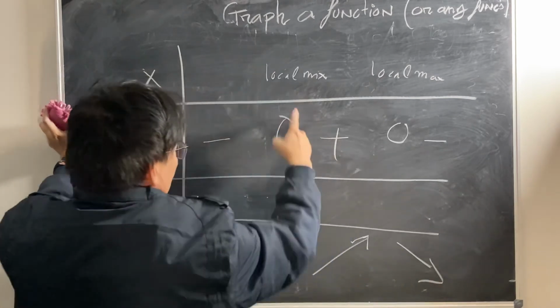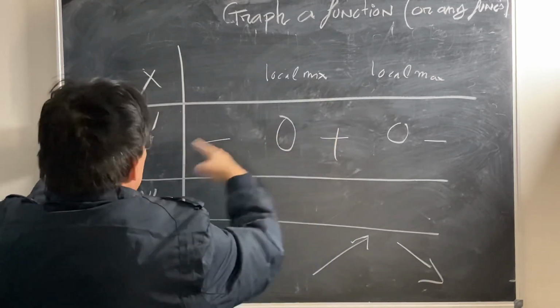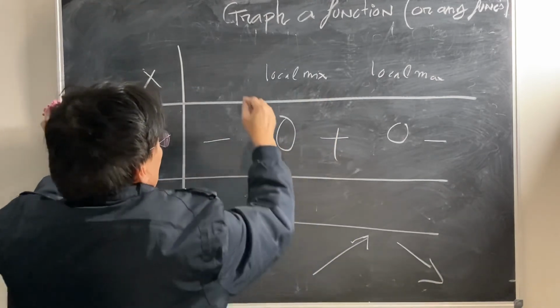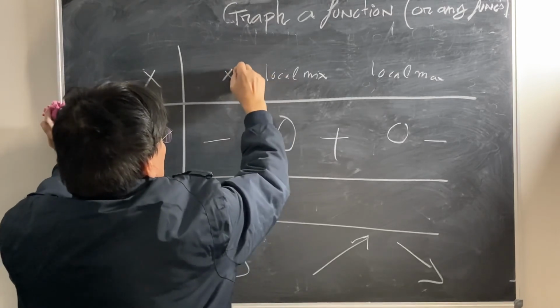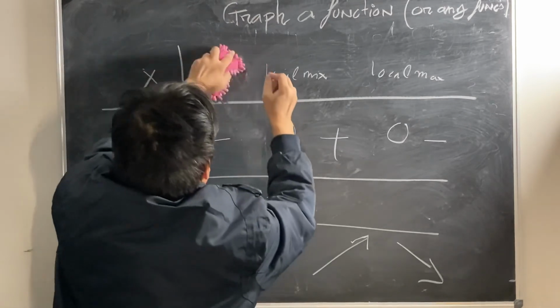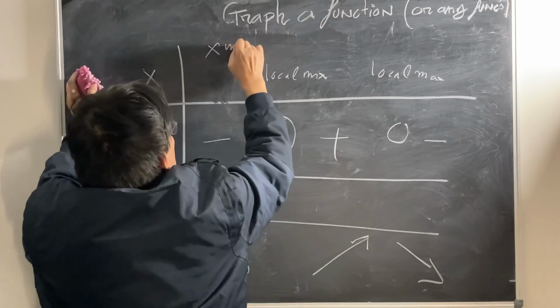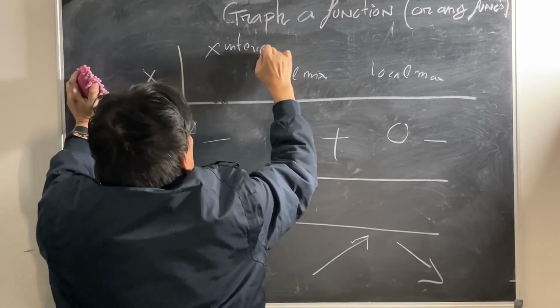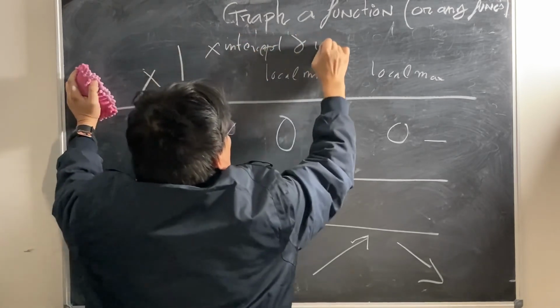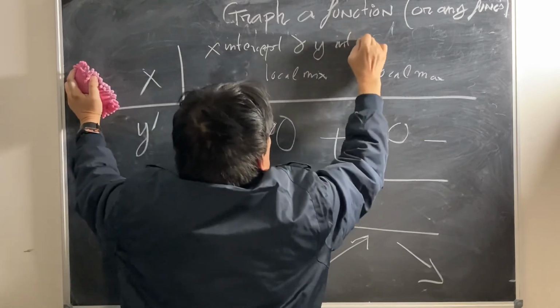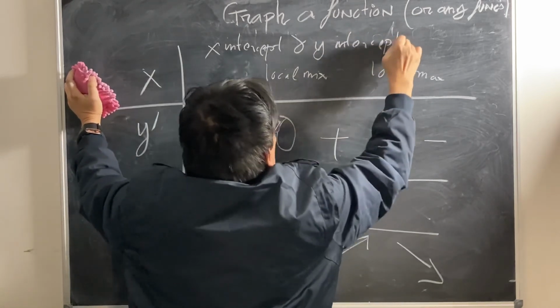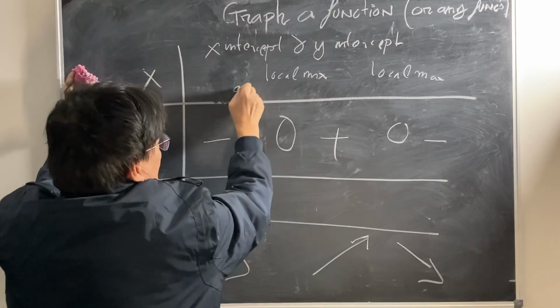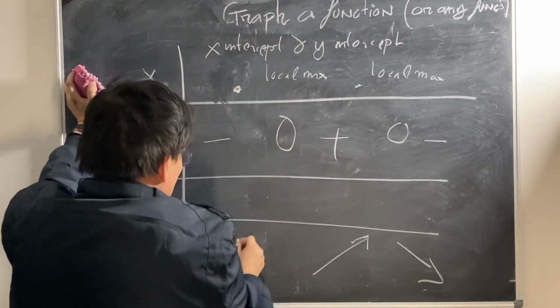To get more points on the graph, you need to find the x-intercept and y-intercept, put more points here, and get the value of y.